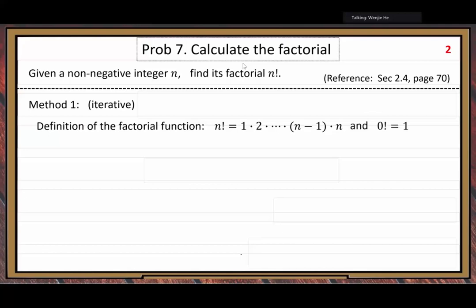But when we define the factorial function, sometimes we may need to consider the factorial of 0. So here we define the factorial of 0 equals 1, not 0. Factorial of 0 is 1, not 0.